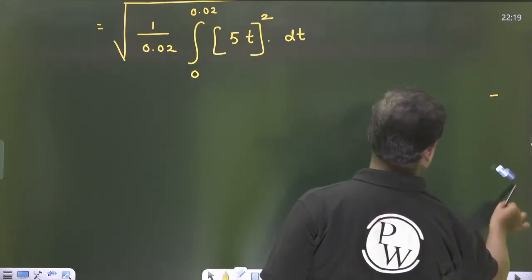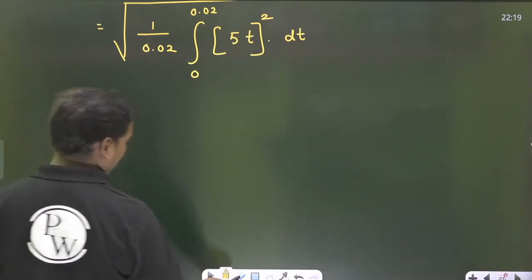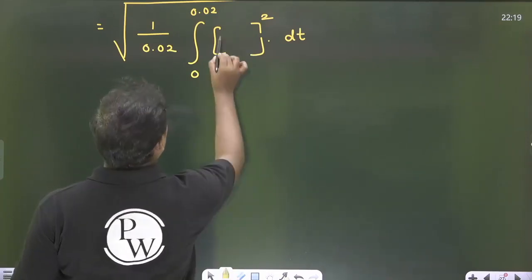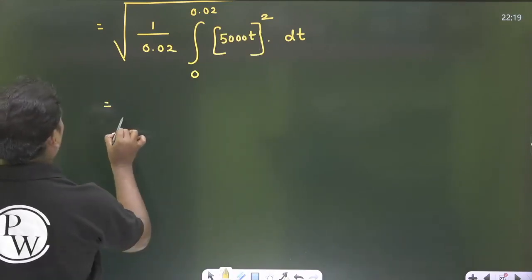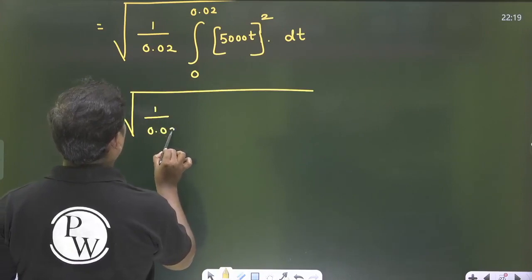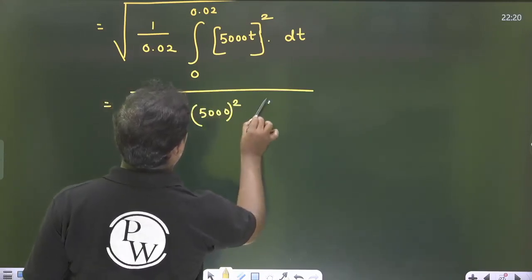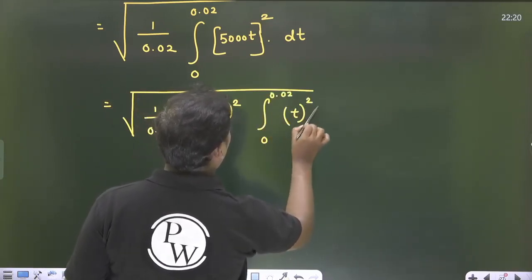Mistake here, it will be 5000. Square root of 1 by 0.02, which is 5000 square, integration of 0 to t square dt.